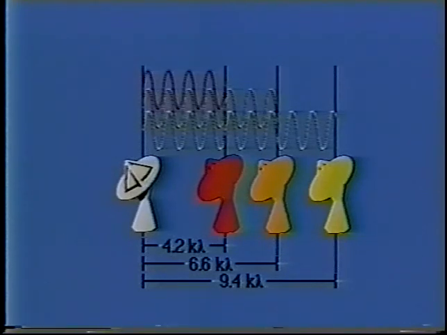Here, a 300-meter baseline observing at 4.2, 6.6, and 9.4 gigahertz is equivalent to 3 baselines of corresponding length. By observing at many frequencies, each point in the UV plane becomes a line of points.